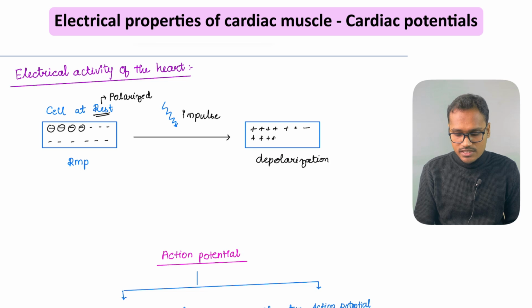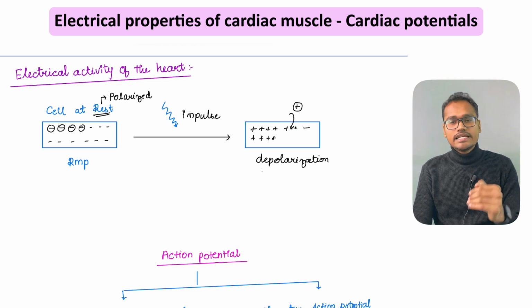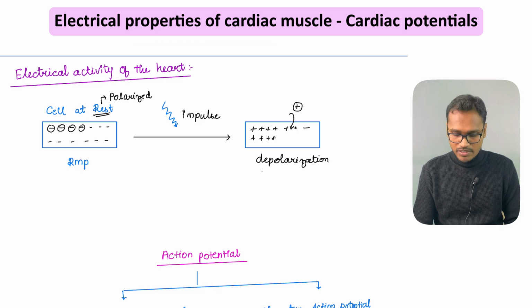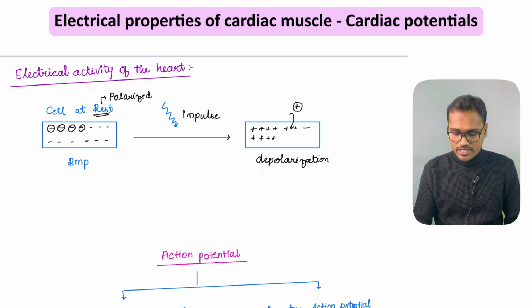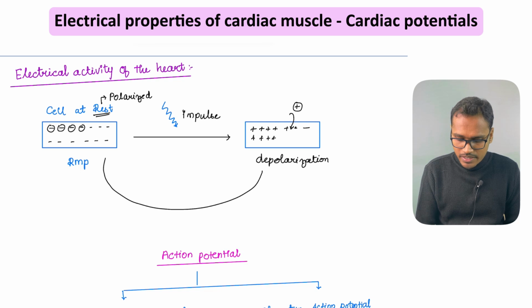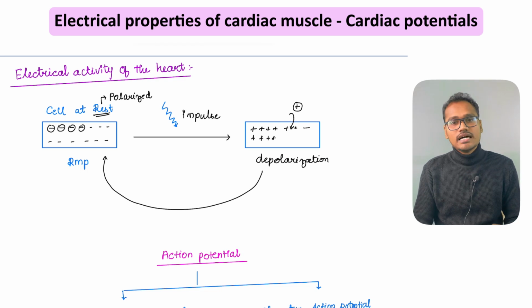This can happen if there is an entry of positive charges, the positive ions which are entering give positive charges. And after the depolarization or the entry of positive ions, the cell can go back to its baseline, that is called repolarization. It is going back to its original state.